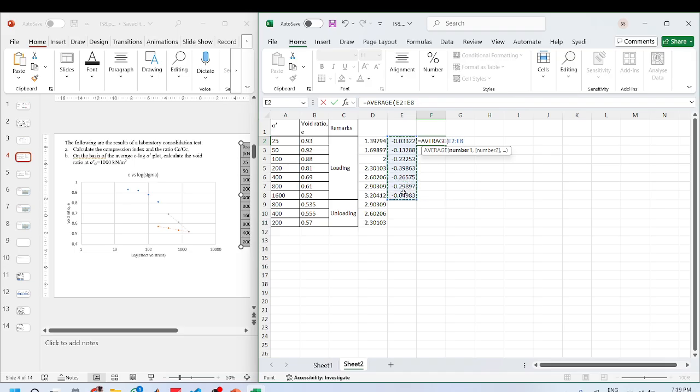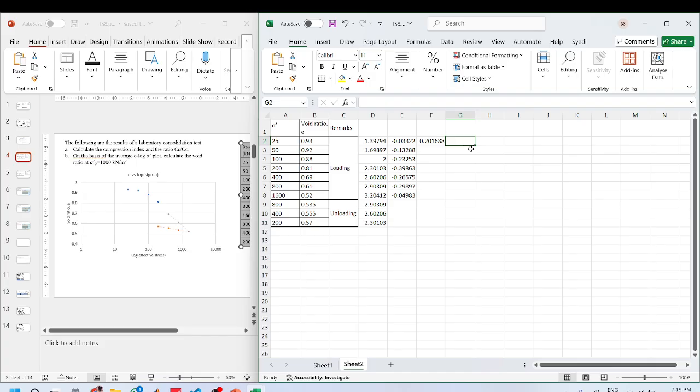Average of this. Okay, so minus is just the sign that it is decreasing.